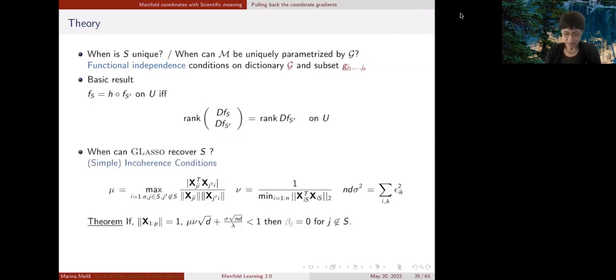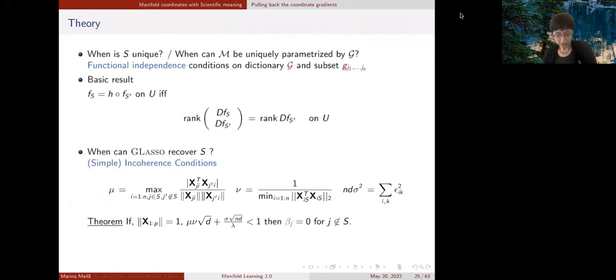Okay. Then we have results of the kind, when can the group lasso recover the support, again, assuming that the support is unique. And for this one, we derived recovery conditions that depend on incoherence quantities that are very similar to other group lasso proofs.